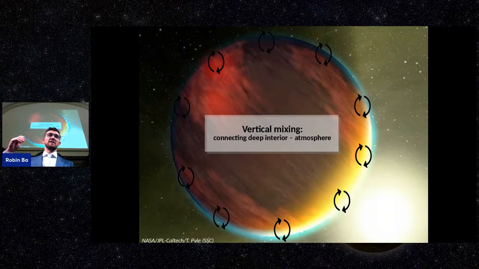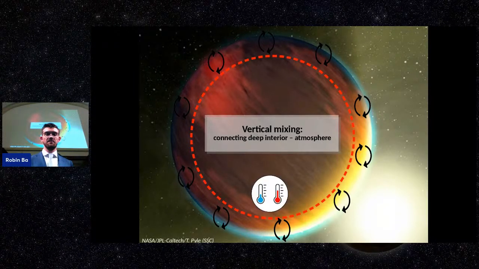And if the vertical mixing is deep enough, this chemical composition is carried throughout the atmosphere to the observable layers. So here we again find this connection between upper and lower atmosphere, but now for the chemistry.